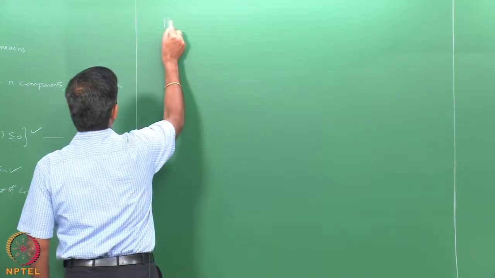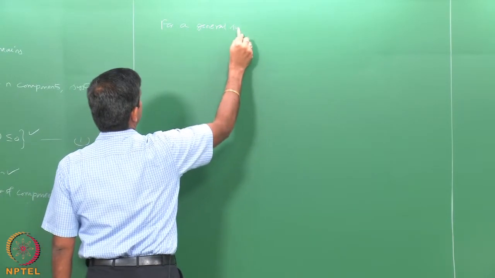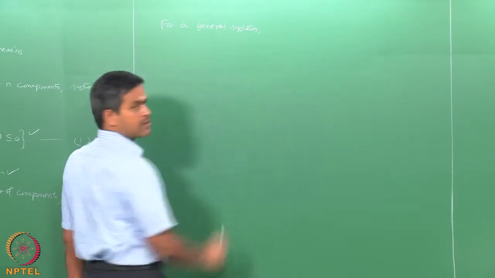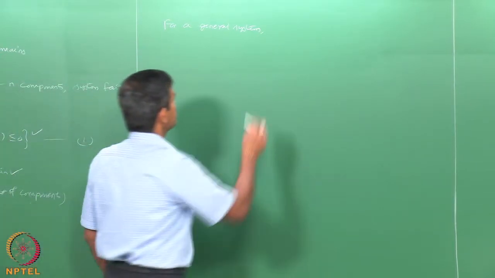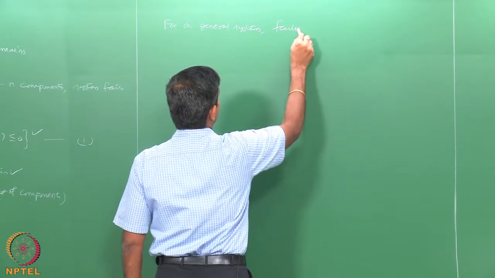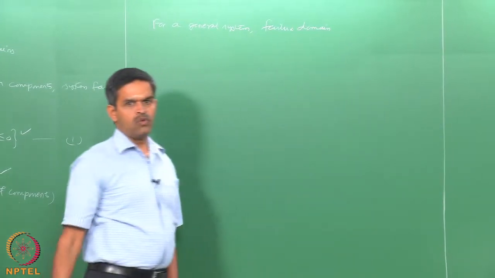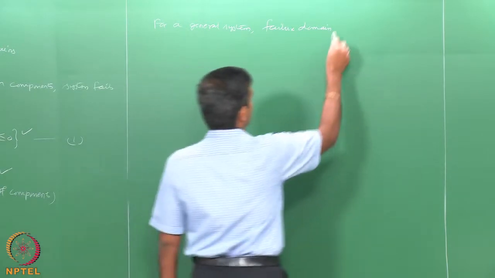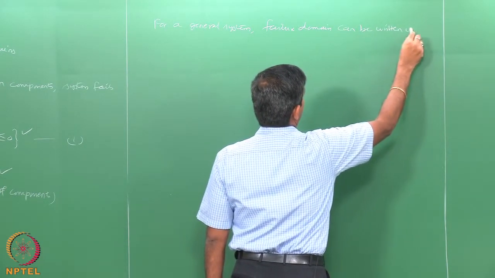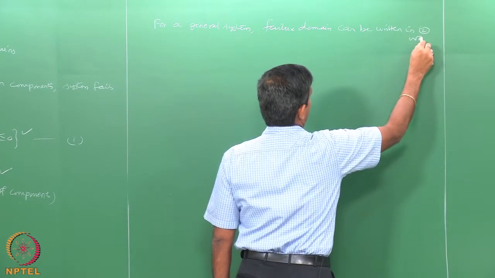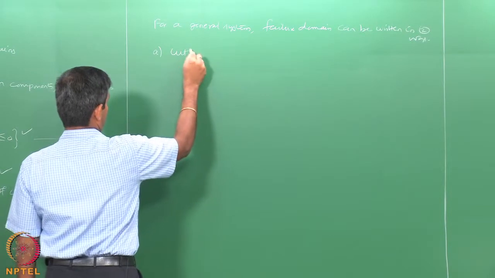Therefore, for a general system, the failure domain can be given by the cut set formulation. Let us say the failure domain can be written in two ways. Let us use the cut set formulation.